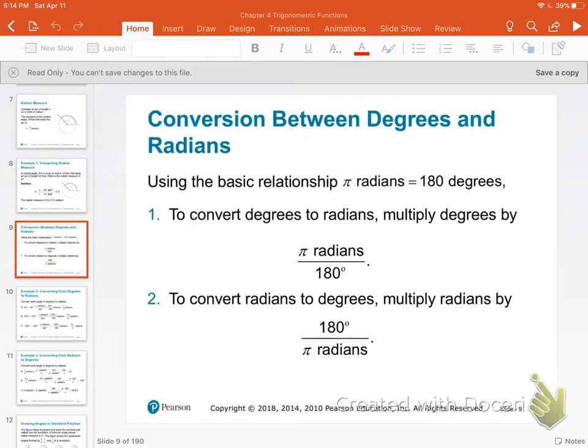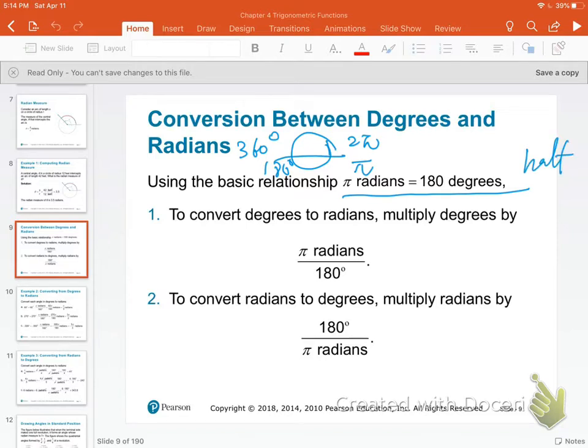We already explained the whole circle is 2 pi in radian measure and 360 degrees in degree measure. And the half circle is pi, which is 180 degrees. So we have this relation by using the picture of the half circle.